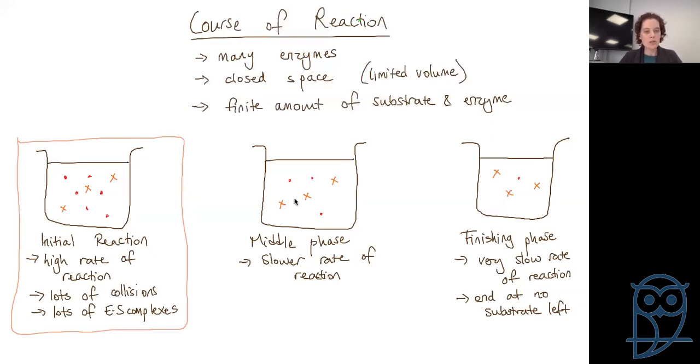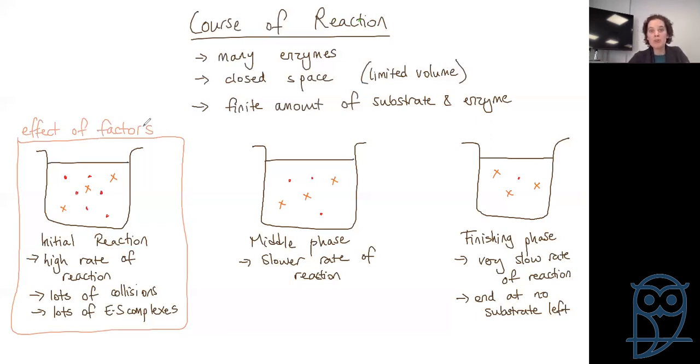So what we're doing is, this is where we're looking at the effect of factors: temperature, pH, enzyme concentration, substrate concentration. Whenever you draw those classical graphs, you're looking at the initial rate of reaction and how that changes with pH or temperature. So we're looking just at this initial fast burst.